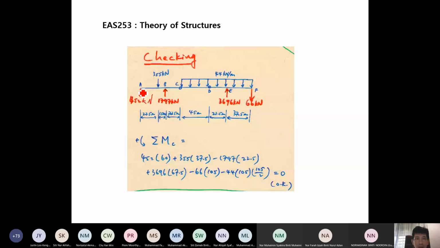So you take moment at C, this is for checking, then you consider the moment caused by all these forces and this distributed load, UDL, at point C, considering the whole three-span beam. You should get almost equal to 0 or 0. Then it is a kind of checking that all these forces, 452, 1797, 3696, 66 kilonewton, with the directions down, up, up, and down, are correct.